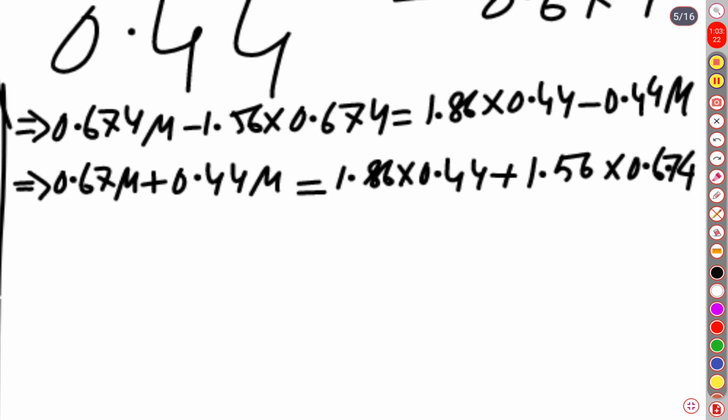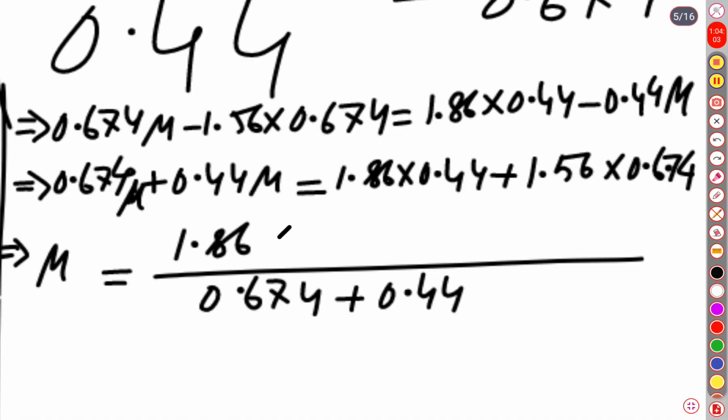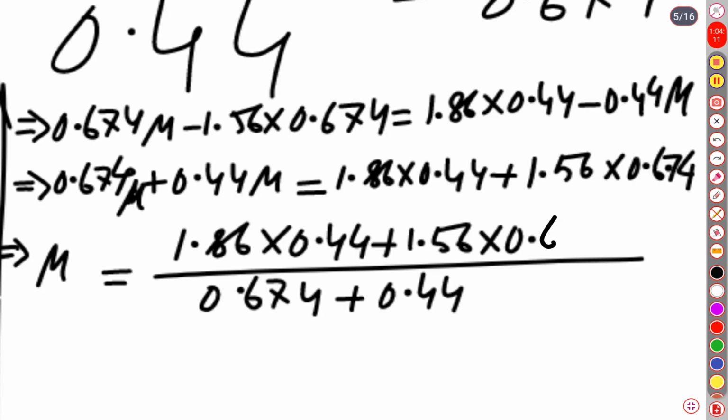Then if we isolate our mu, the denominator is going to be 0.674 plus 0.44, and the numerator is 1.86 into 0.44 plus 1.56 into 0.674.